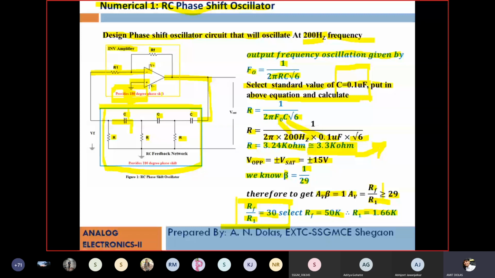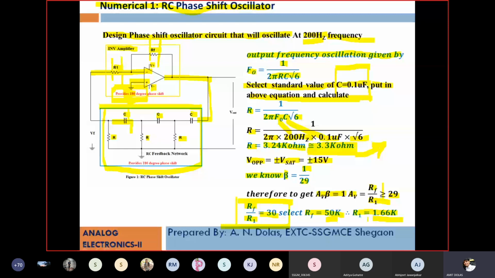RComp is the compensation resistance, which is nothing but a parallel combination of the feedback resistance RF and the input resistance R1. So do the parallel combination of 50K and 1.66K. It will of course be near to R1 because 1.66K is very small compared to 50K. So the RComp value will be near to R1. Calculate that and write it down. So only these 2-3 factors you have to calculate in the numerical of RC phase shift oscillator.